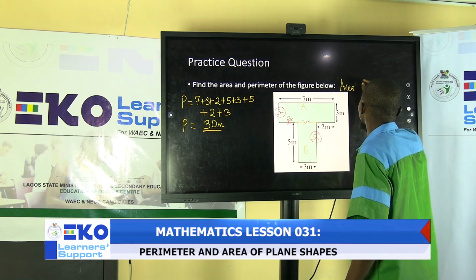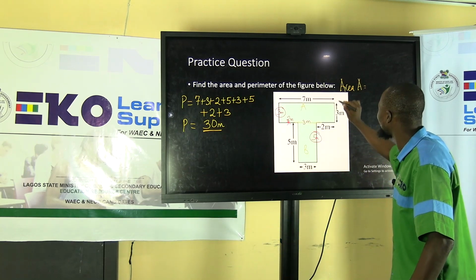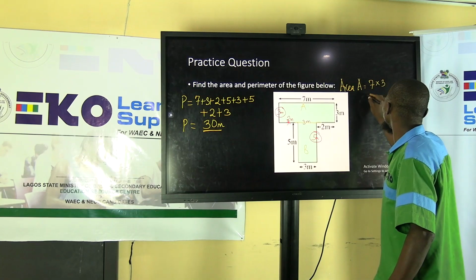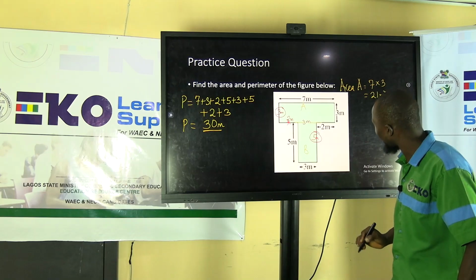Area A will be the length times breadth. That is what? 7 times 3, which is 21 meters squared. All right.